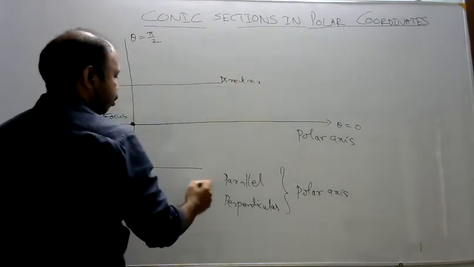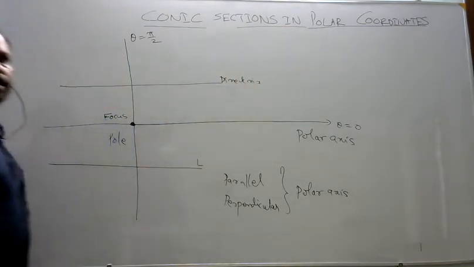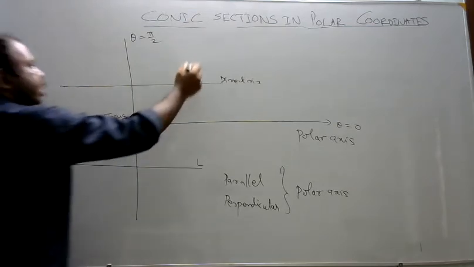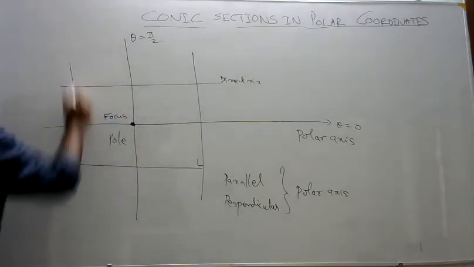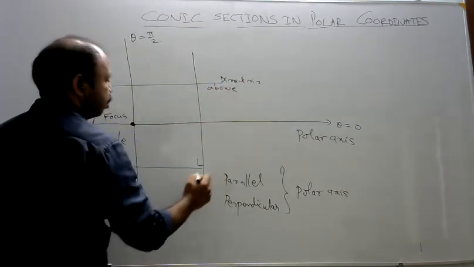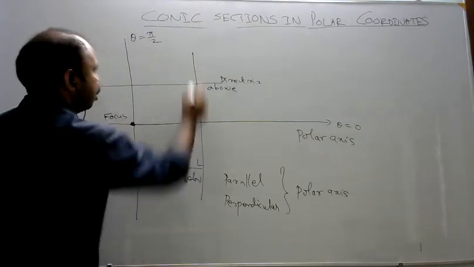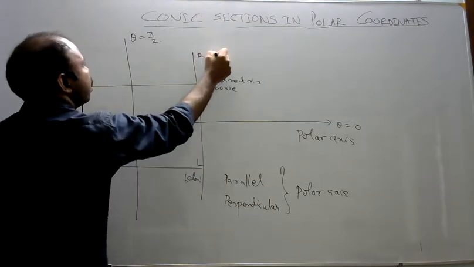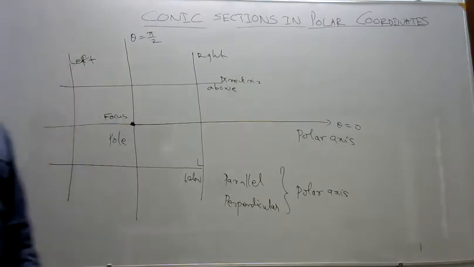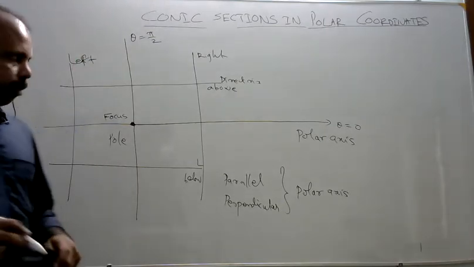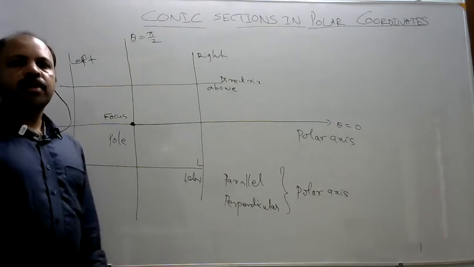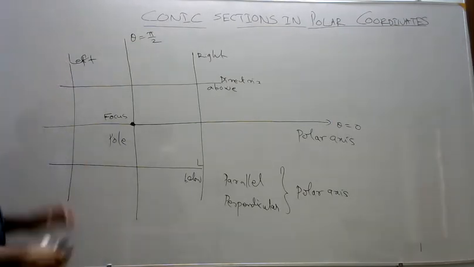Again, for convenience, we call the directrix L. If it is perpendicular, it can be either right of the pole or left of the pole. So these are four different cases. We can derive the equation of a conic in each of these cases. We consider only one case for convenience.